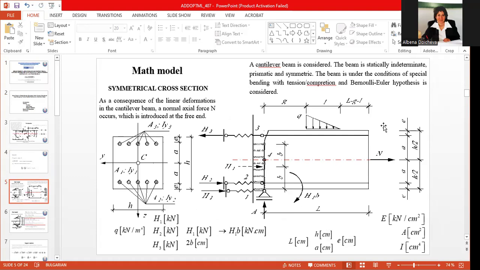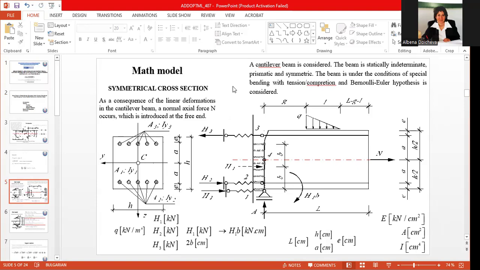We decide the horizontal support reactions H2 and H3 on the level of the reinforcement bars, and H1, the force to modulate the concrete between beam and column. The position of H1 is changed.